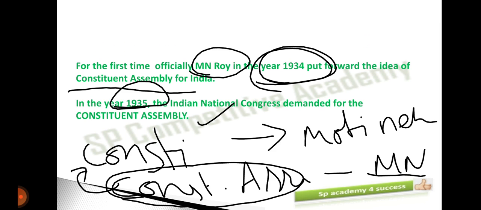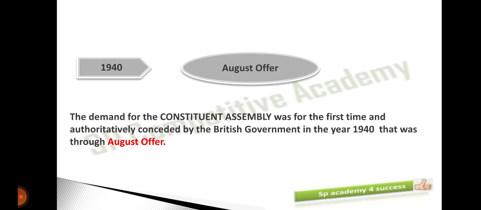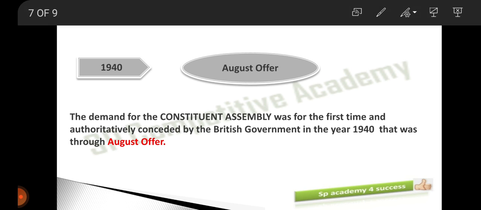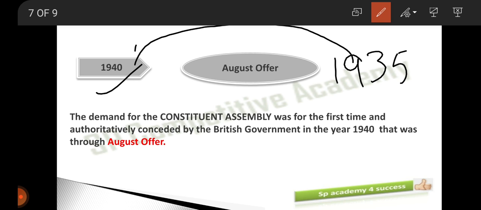Clear? Now moving on. The demand for the Constituent Assembly was accepted for the first time by the British government in the year 1940. So see guys, M.N. Roy ji officially announced that we should have the Constituent Assembly, and that proposal was put forward in 1935. But this demand was accepted in 1940 for the first time by the British through the August Offer.